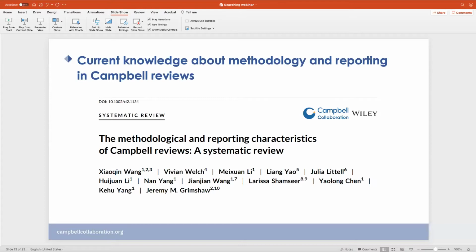And they focused on reviews published from 2011 to 2018. This was a total of 96 reviews. And in this assessment, they did really address some areas of searching, including reporting of information sources, reporting of search dates, and reporting of search terms.